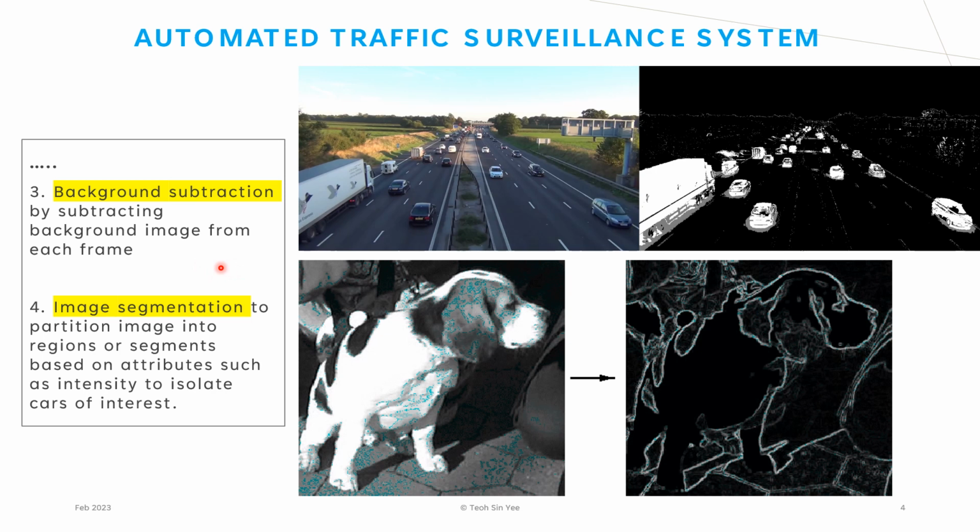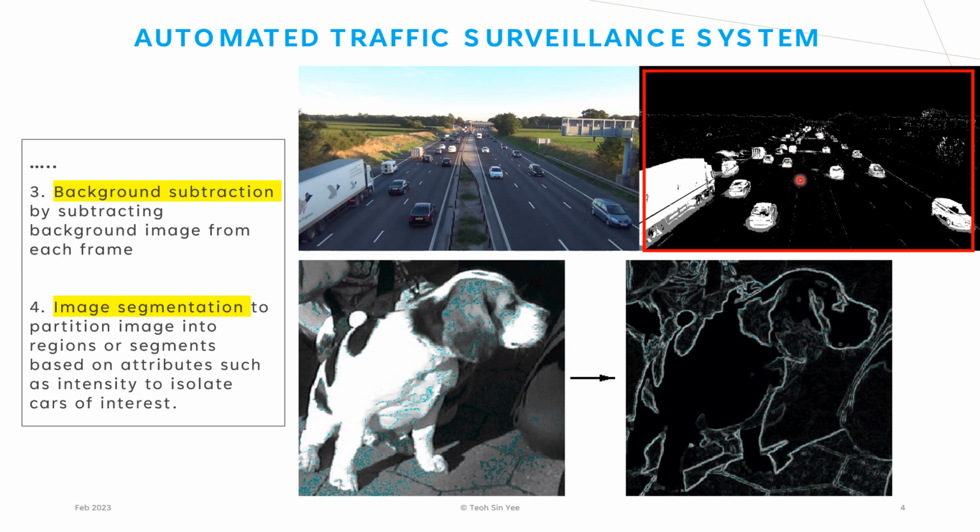Initially, I myself was also confused by the third and the fourth steps because they seem to be the same thing. They're very similar, but actually they are totally two different things. So, background subtraction. This is the first image I show you here. The black image is the image without background.